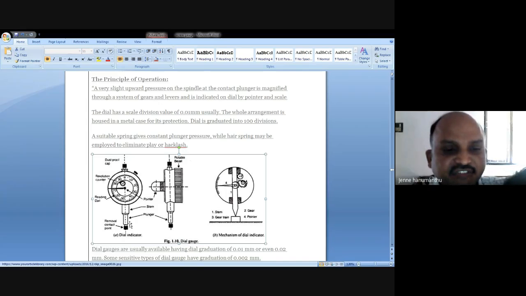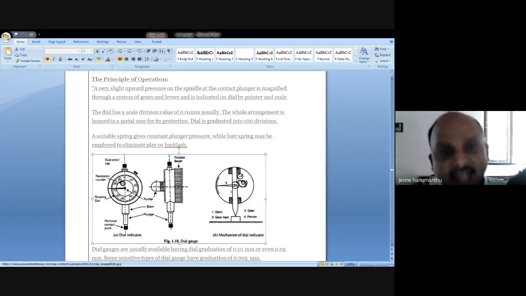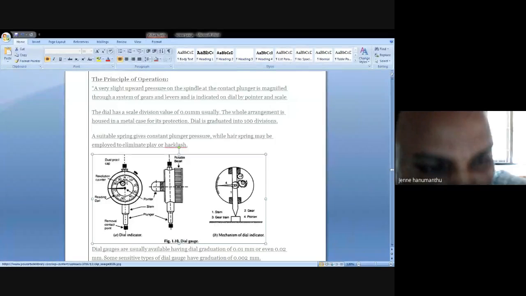If you place the plunger point on the surface, if it is smooth, no problem. If there are any irregularities, from smooth to irregularity, the plunger will take some displacement, so the pointer will show some value.